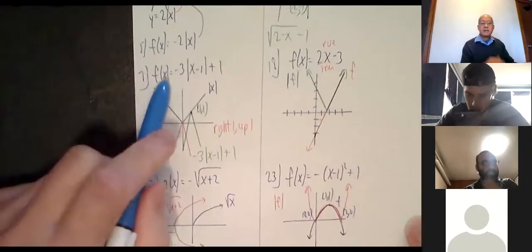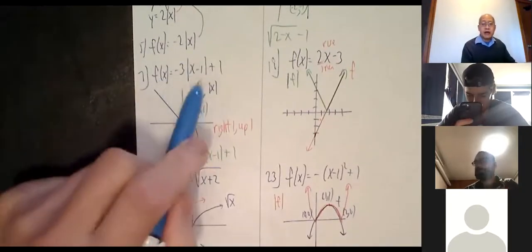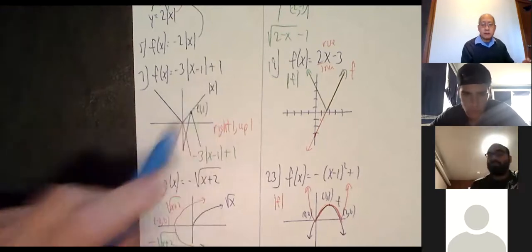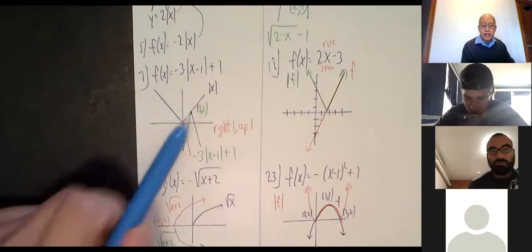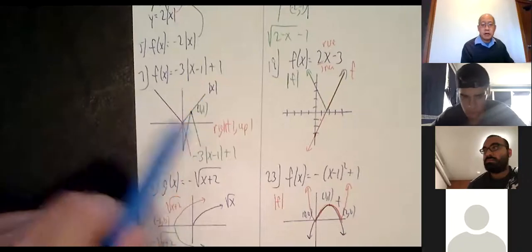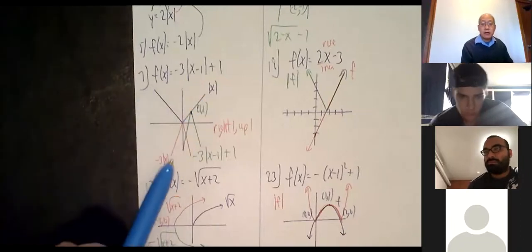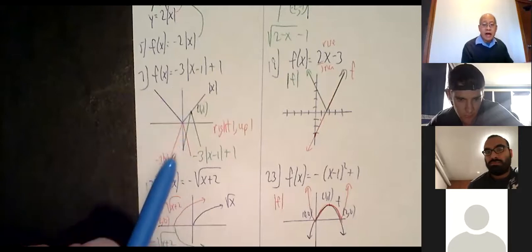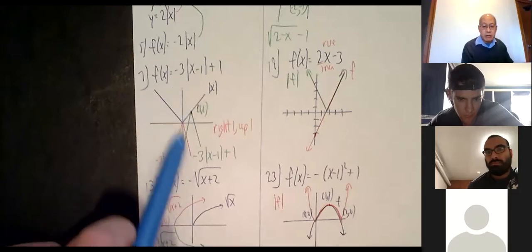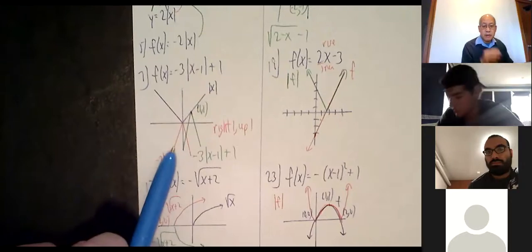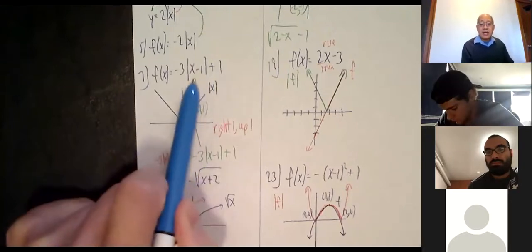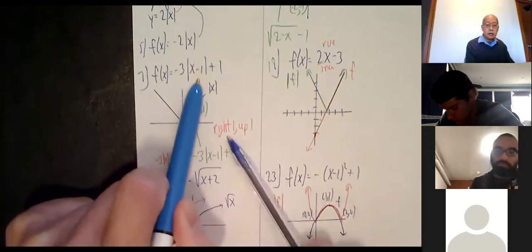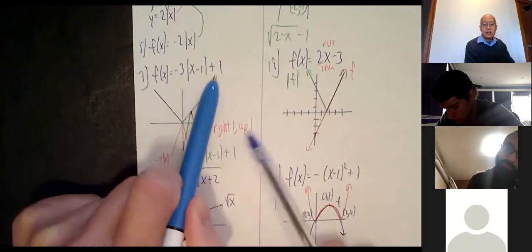Okay, -3|x - 1| + 1. So what I was trying to show you here, your basic absolute value function, V shape, looks like that. Now, the red one here, if you put a -3 in front, it makes it go down and it's steeper. So see how I made it steeper and going down? And then this means 1 to the right, and that means 1 up.